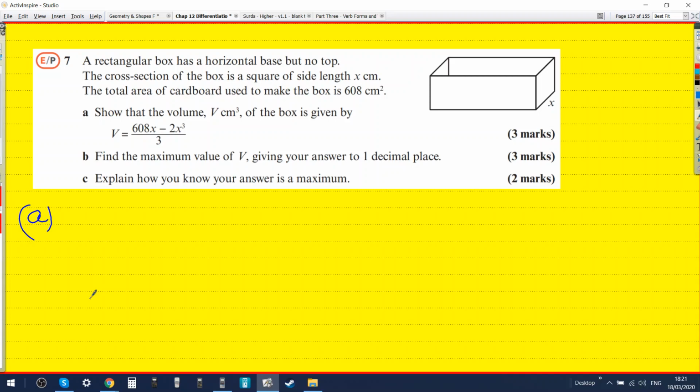So the volume would be, but we don't have the other sides.